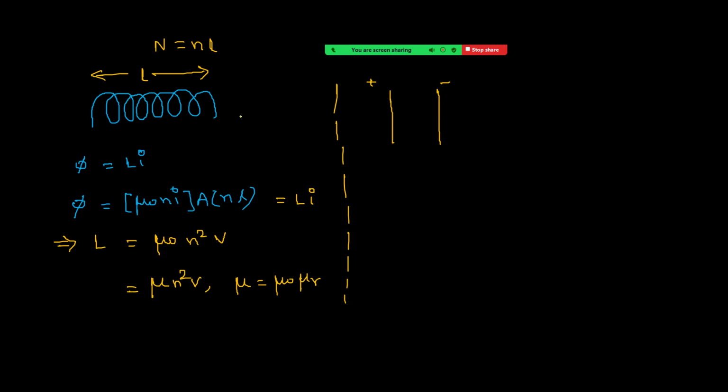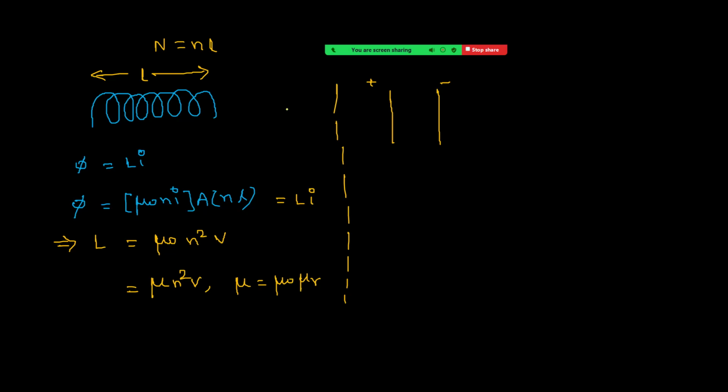In the same way, coming to inductor, magnetic energy is stored in the volume of the inductor in the magnetic field. So here the magnetic field is present. In that magnetic field, magnetic energy is stored.